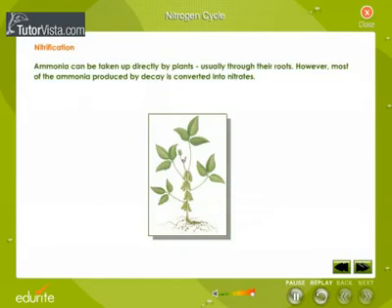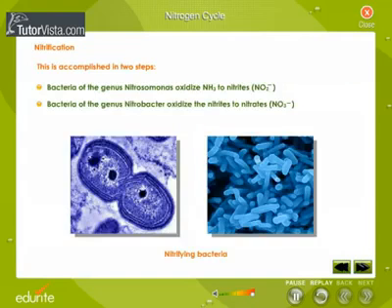Nitrification. Ammonia can be taken up directly by plants, usually through their roots. However, most of the ammonia produced by decay is converted into nitrates. This is accomplished in two steps. Bacteria of the genus Nitrosomonas oxidize NH3 to nitrites, NO2-.